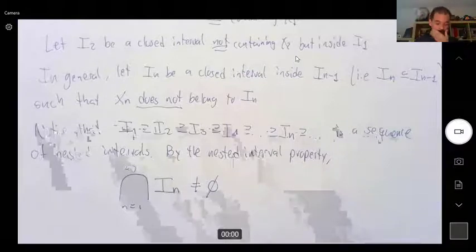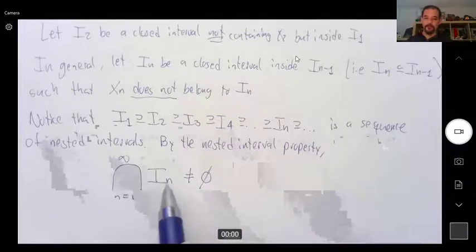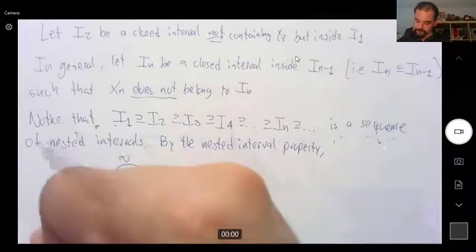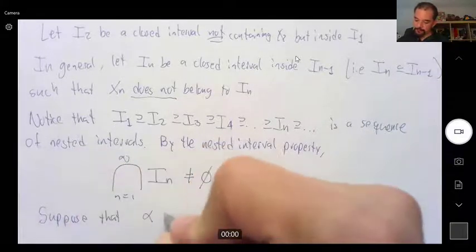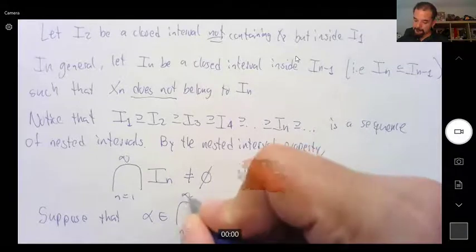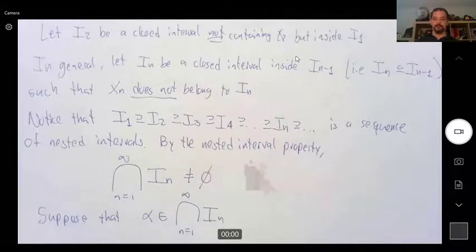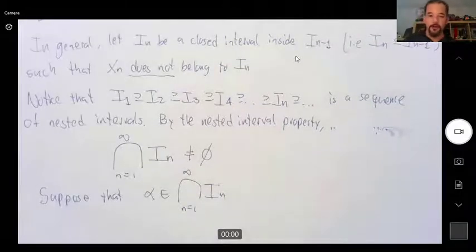And I'm going to show you how we're going to get a contradiction, because imagine that somebody belongs to this intersection. Let's call it alpha. Suppose that alpha belongs to the intersection of all of them, right? Suppose that happens. Well, we're going to get a contradiction, and I'll tell you why.